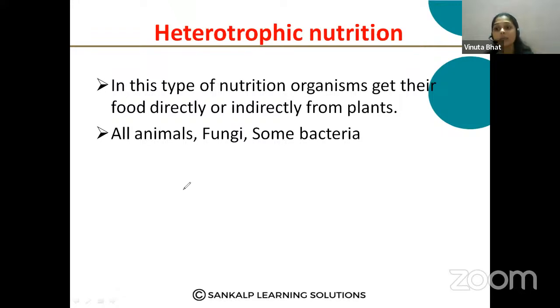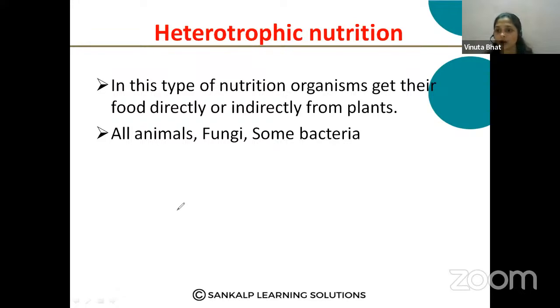Alva, they depend directly on plants. And some organisms depend indirectly on plants for their nutrition. For example, lion and tiger do not depend directly on plants, but they depend indirectly, on the organisms which eat the plants for their nutrition.